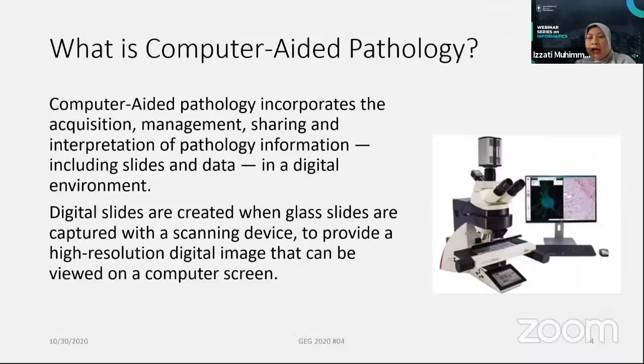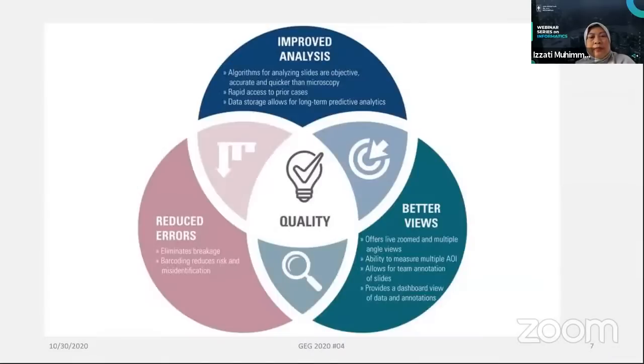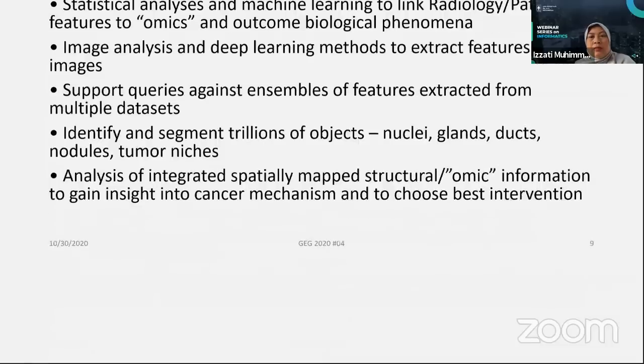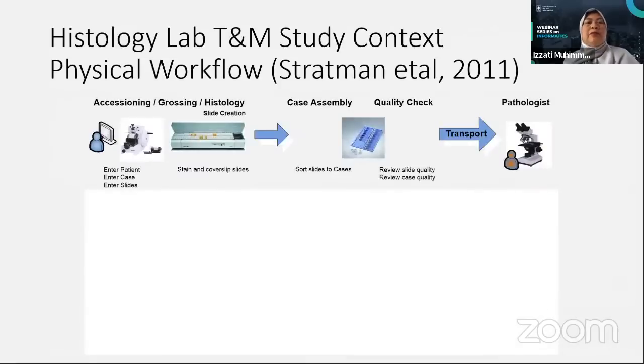I will jump to this workflow. Okay, I jump to this. Usually we have it like this. We have the slide that is stained with a cover sheet, and then we read that under the microscope.